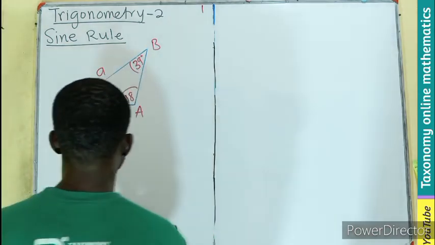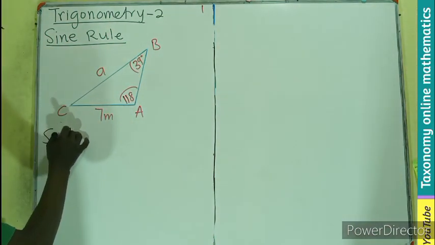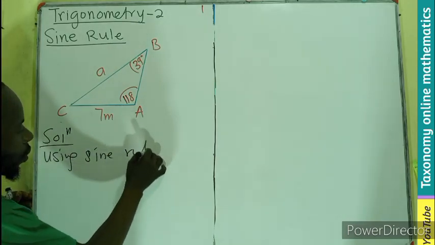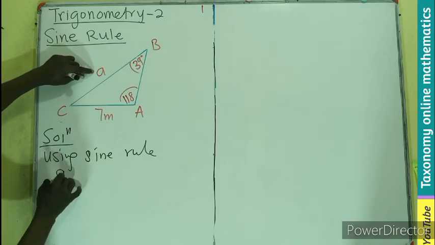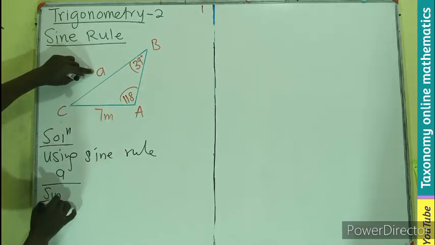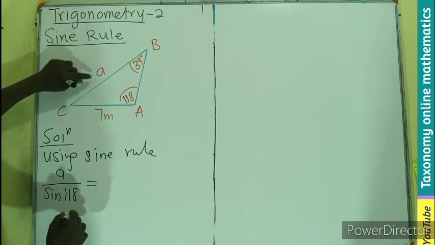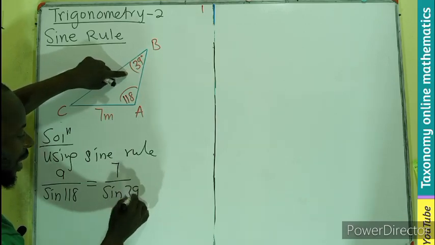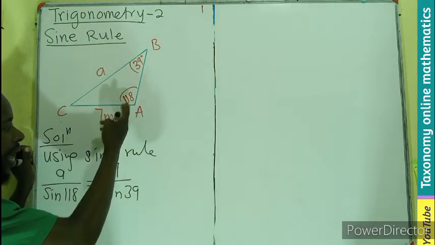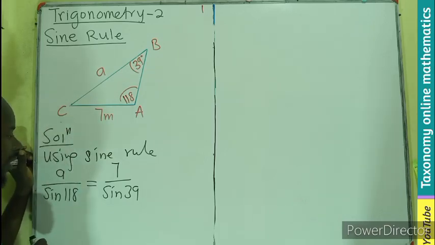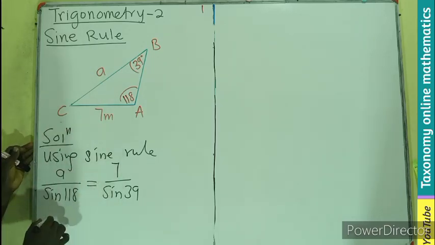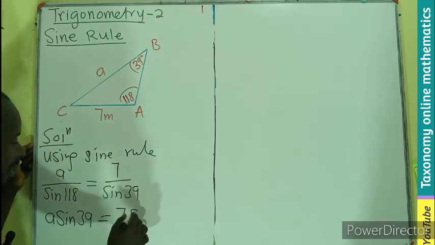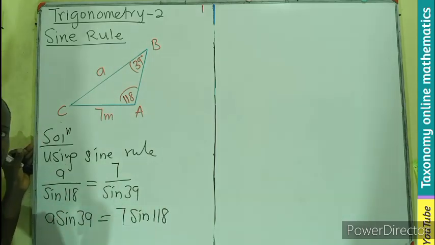So in finding this, we can just say the solution using the sine rule: we begin with what we are looking for. A, the side, over the sine of the angle 118, equals the 7 we were given over the sine of the angle 39. If we are asked to find the angle, we can also follow the same procedure. We do cross multiplication, meaning A sine 39 equals 7 sine 118, right?